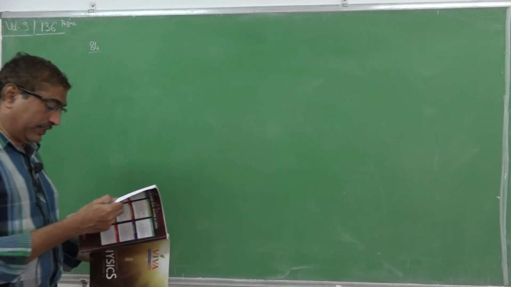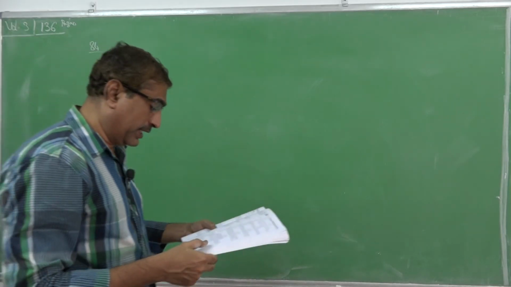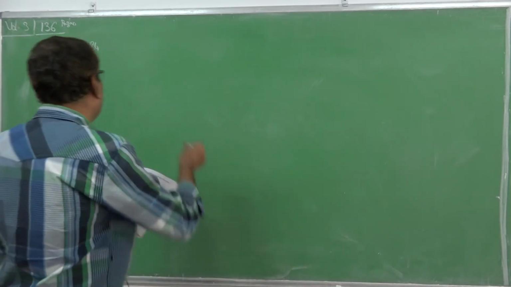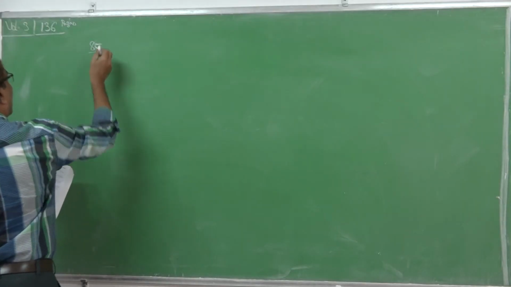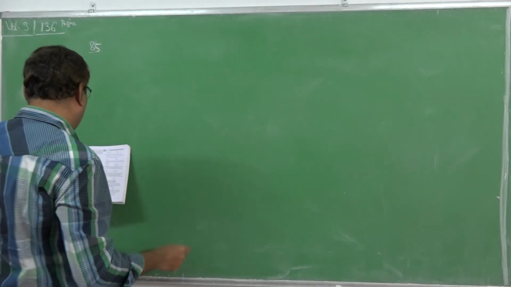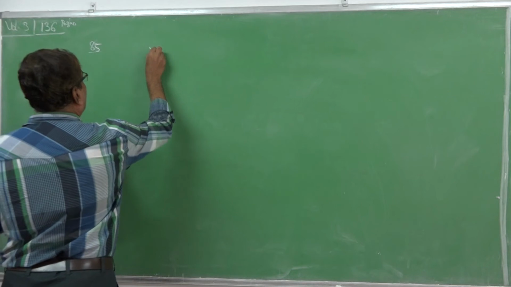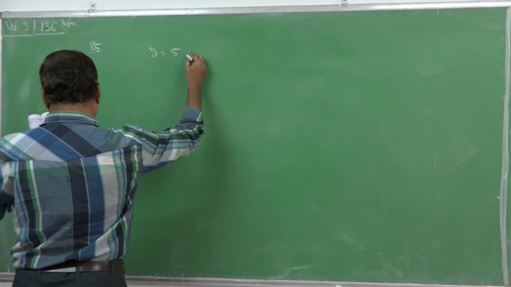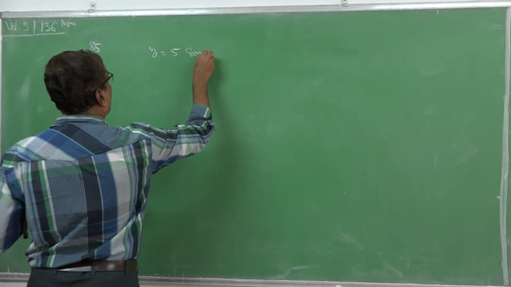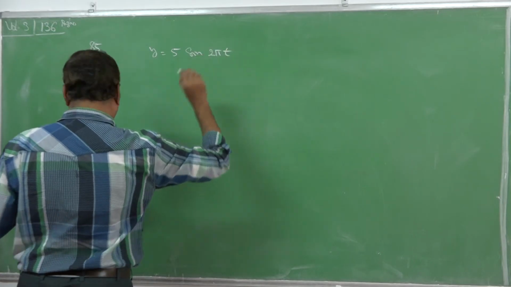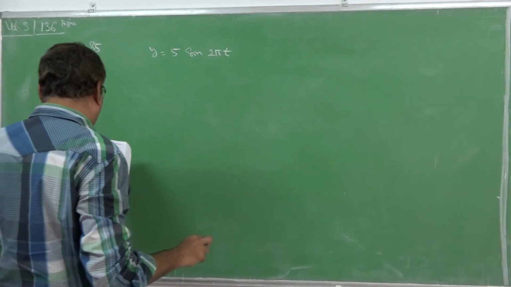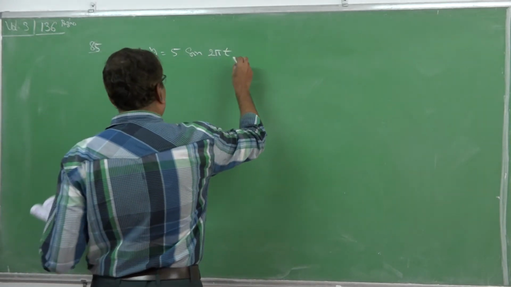Now the equation for the simple harmonic displacement of a particle executing simple harmonic motion, 85, is given by y is equal to 5 sine 2 pi by capital T. Then velocity at 3 centimeter from mean position.